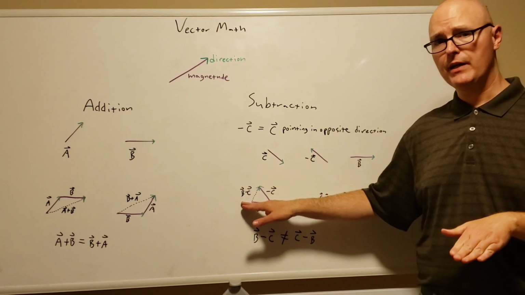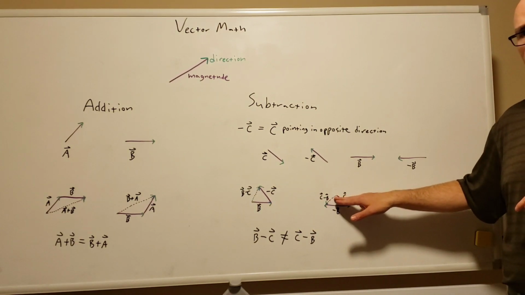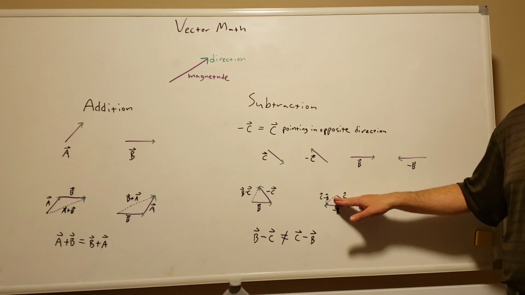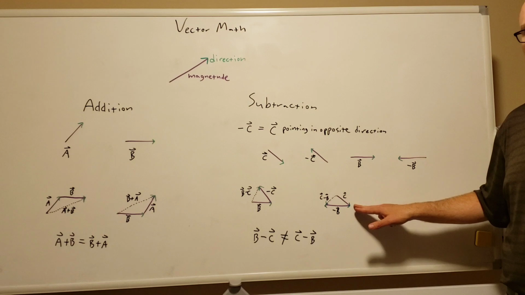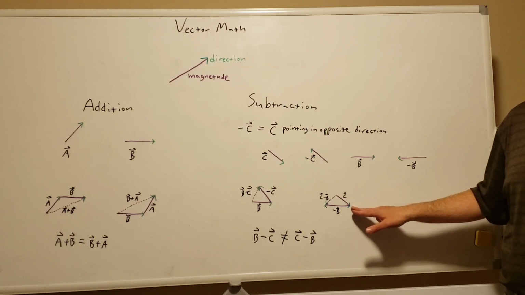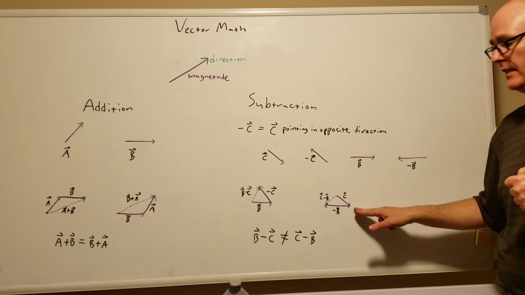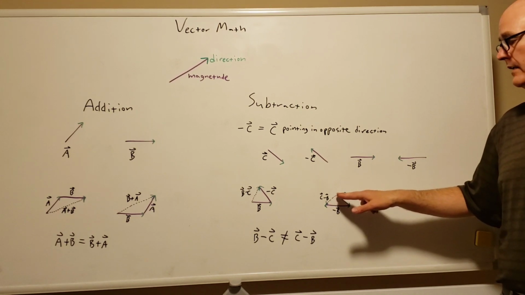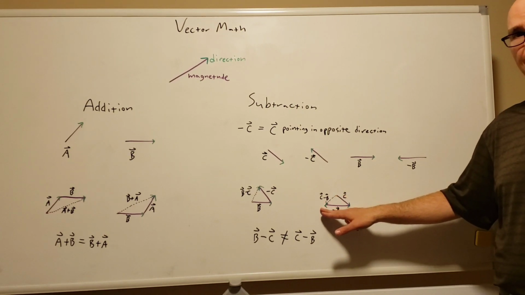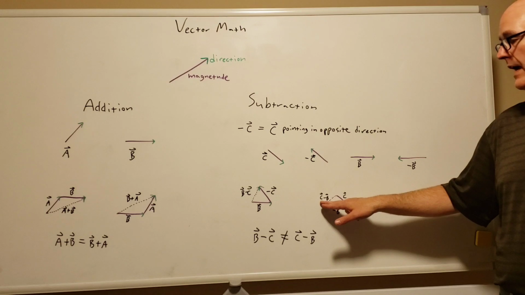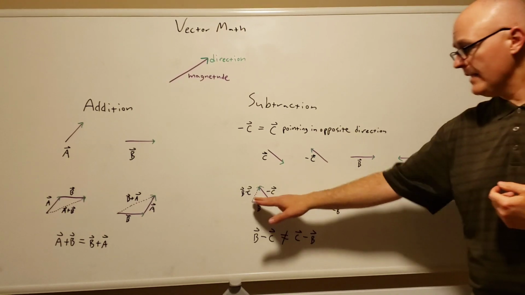So let's try it the opposite direction, see what happens. If I start at the origin, and now I draw vector C, and I attach the tail of negative B to the head of C, and draw my resulting vector from the origin to the head of negative B, I now have C minus B. We can see these are not the same vectors.